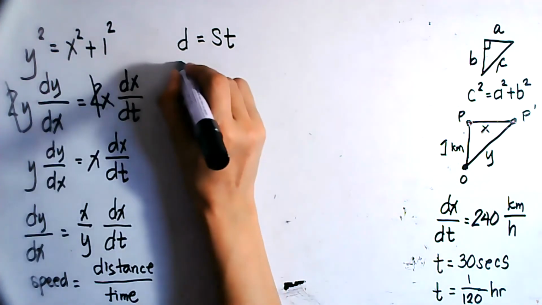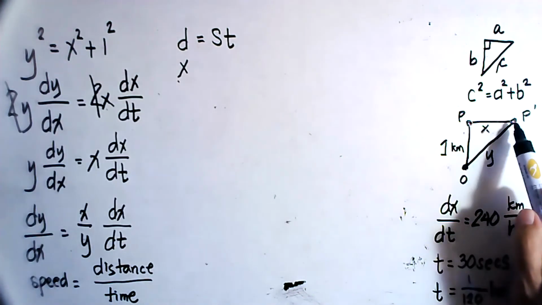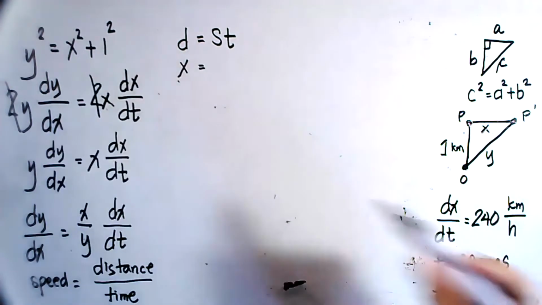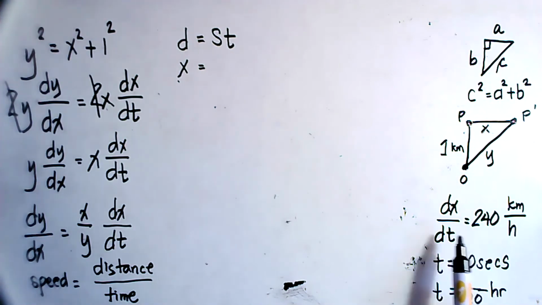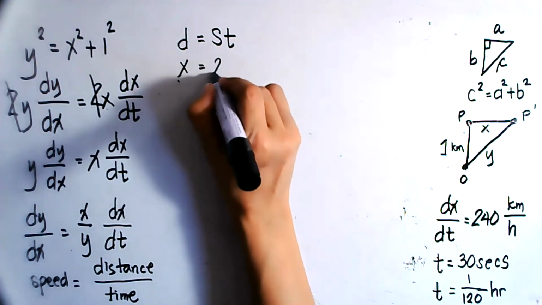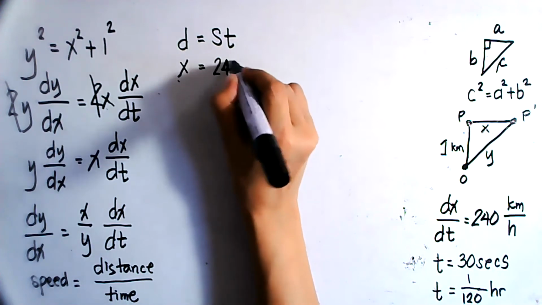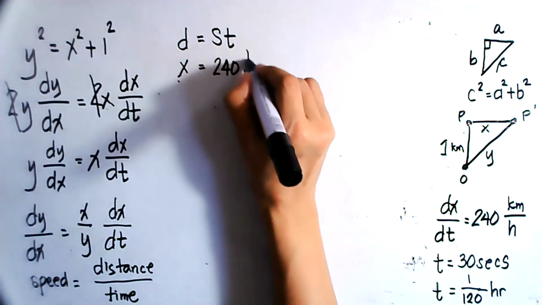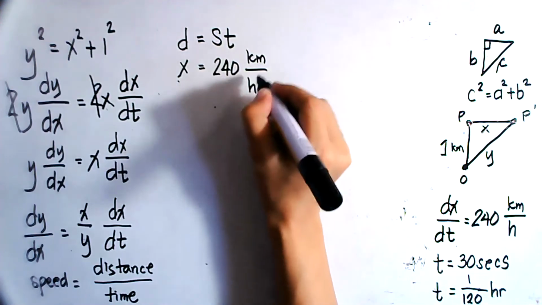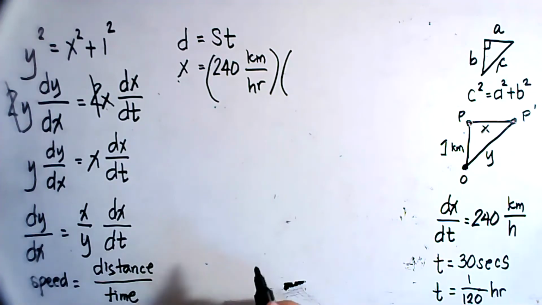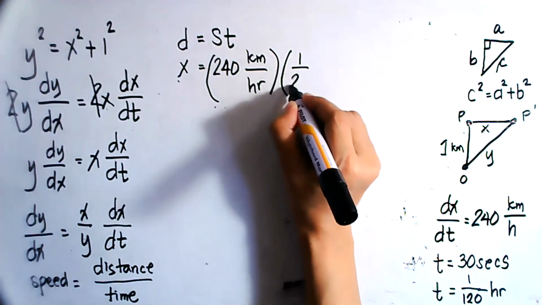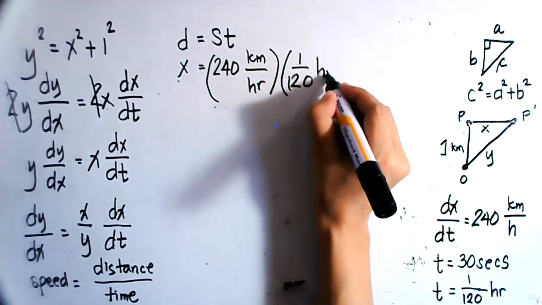So if we are going to determine the value of x, because the speed in the horizontal position of the plane is 240 kilometers per hour, we can just multiply 240 kilometers per hour by the value of time, which is 1/120 hour.